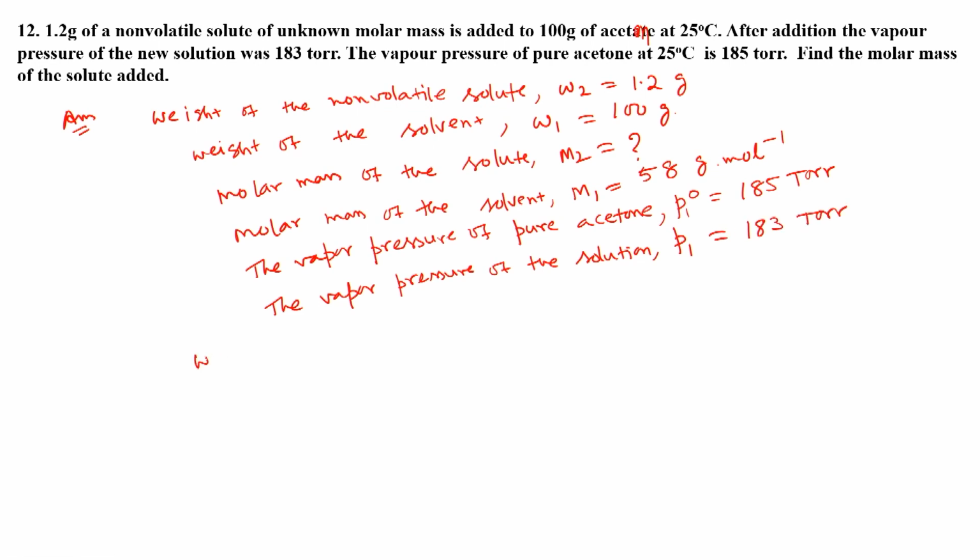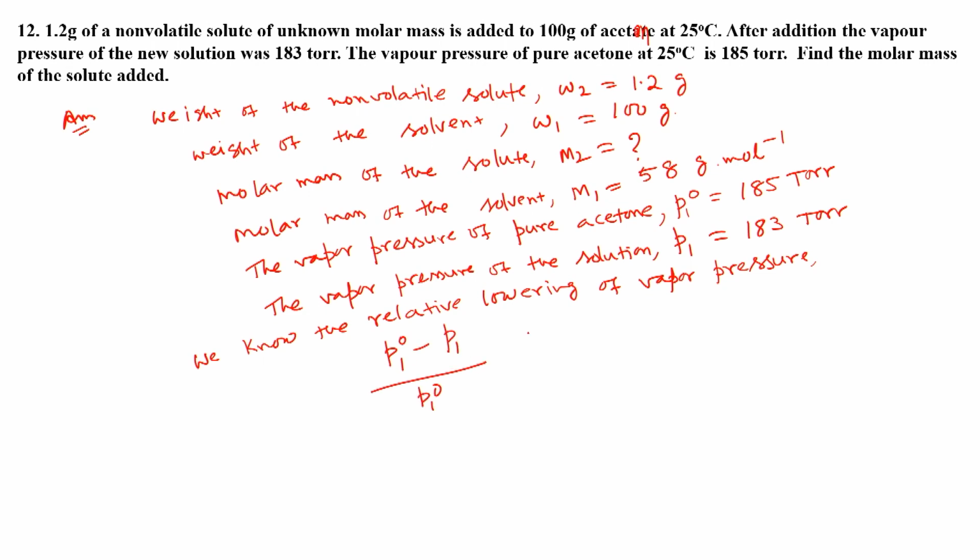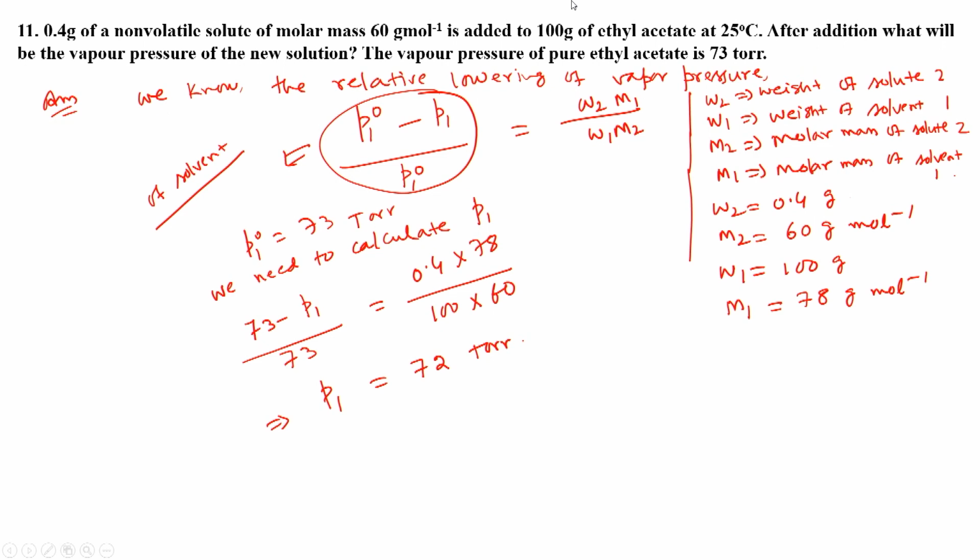Now we know the relative lowering of vapor pressure is P1 naught minus P1 by P1 naught. This is the relative lowering of vapor pressure we just discussed in the previous solution.